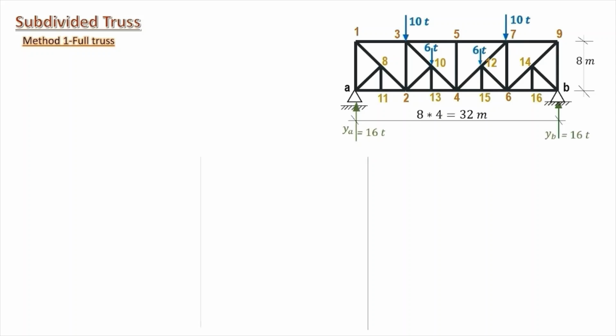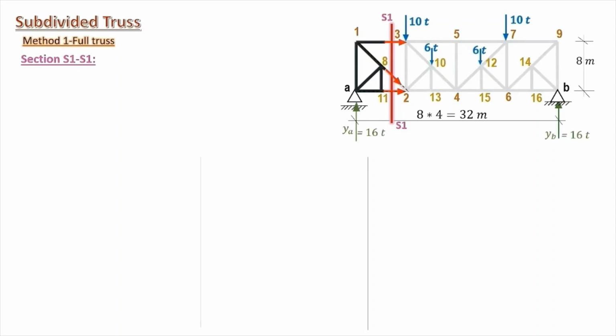And we start computing our internal forces. We start by section S1, S1 as shown, and we extract the smaller or the easier part, which is the left part here. And we start considering our equilibrium equations. We first note that we have 3 unknowns, which are the forces in the members cut by S1, S1.